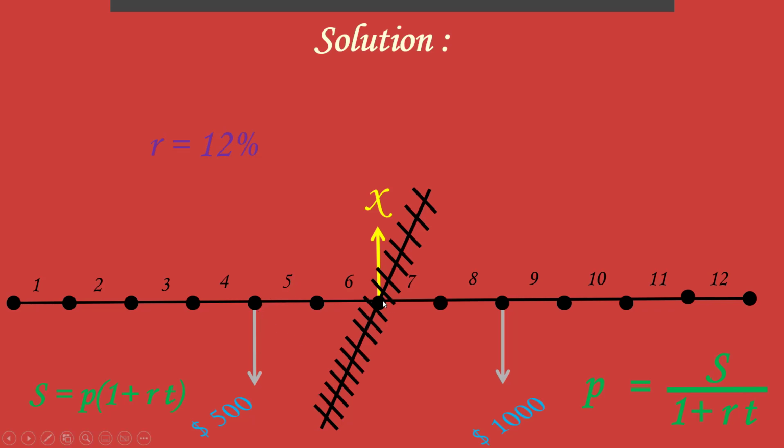Also, to get the time for $1,000, it's the distance from the maturity date of $1,000 to the focal date, also equal to 2 months. Note that we take X as its value, because if we get the amount of X, it will be equal to X. Also, if we get the present value of X, it will be equal to X, because the time for X equals 0.